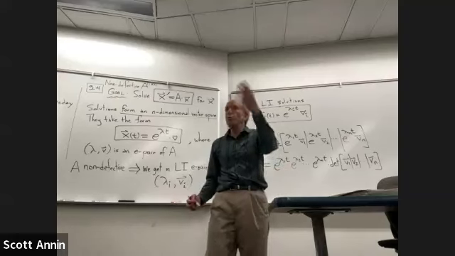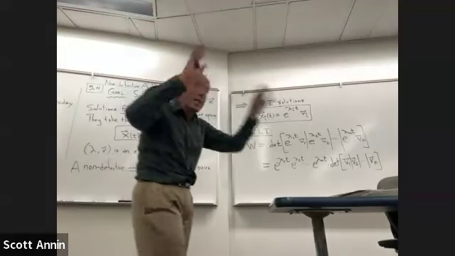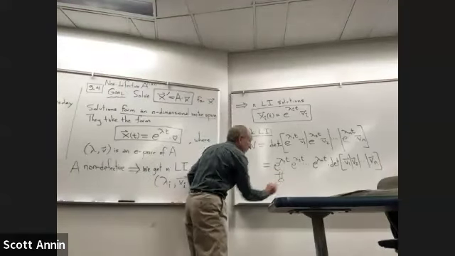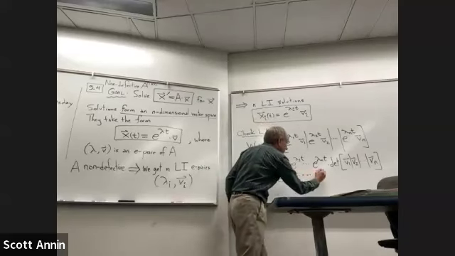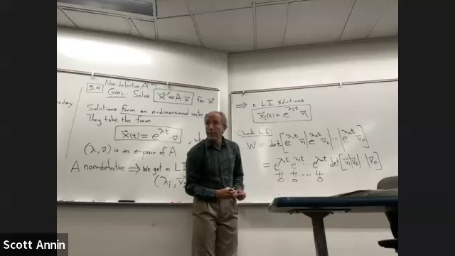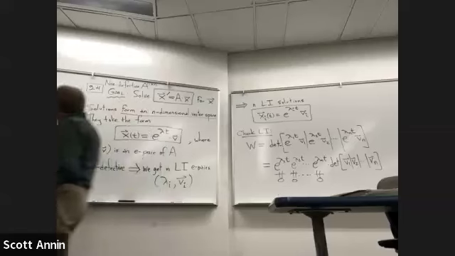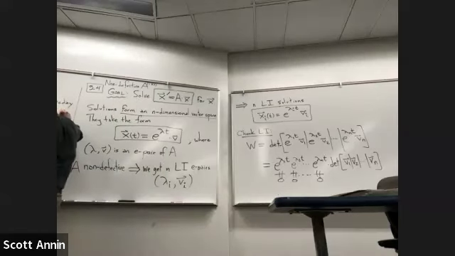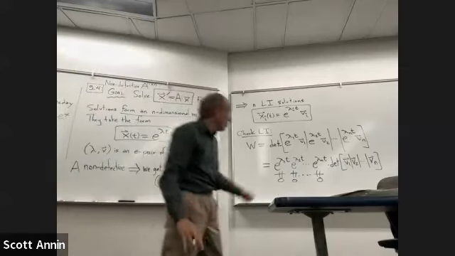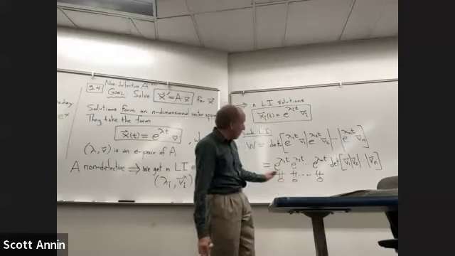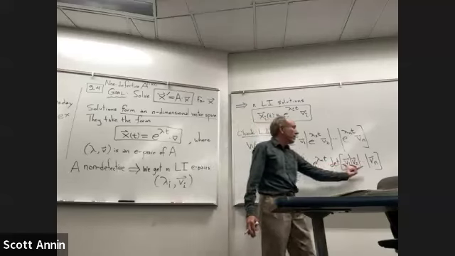If you have e to the 2t or e to the 7t or something like that, doesn't matter what you plug in for t, it'll never be 0. This is not 0, and neither is this one, and neither is any of these. Because those are exponentials. You just draw the graph of e to the x, it never crosses the x-axis. There's no roots to that equation. It's never 0. So you have all these non-zero scalars in front, and then you're taking the determinant of this.